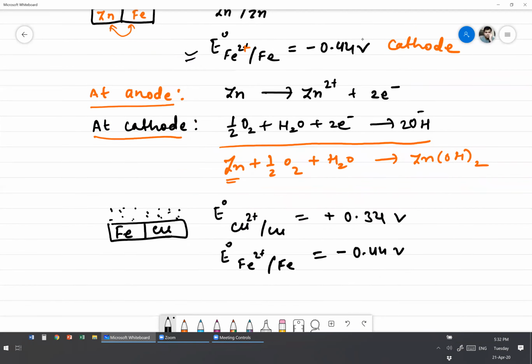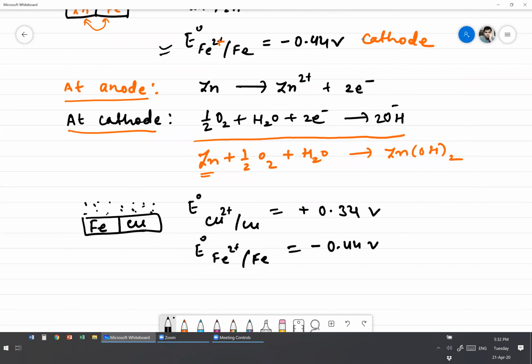So in this case, iron metal will act as anode and undergo corrosion, and copper metal will act as cathode.